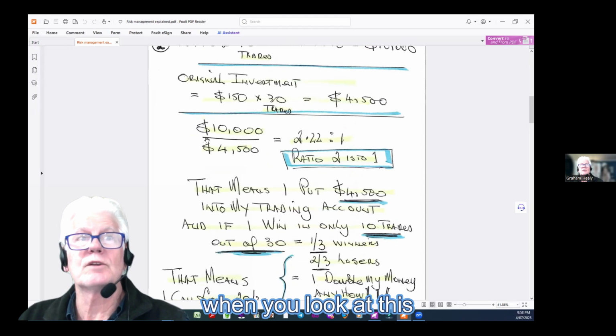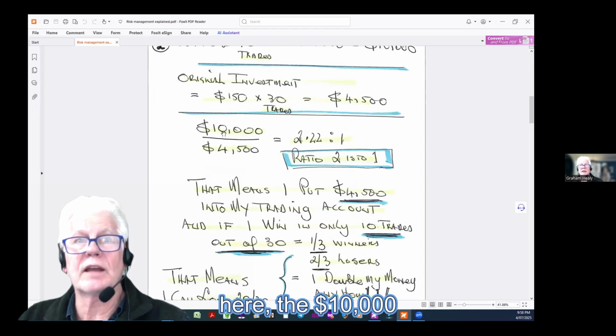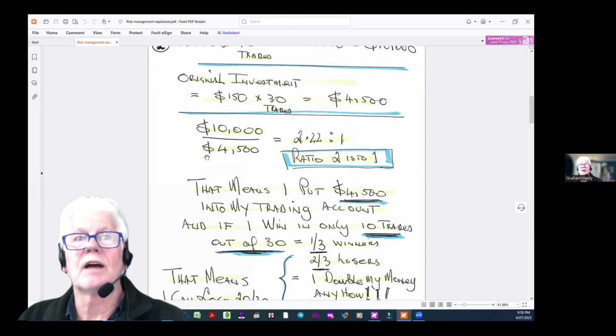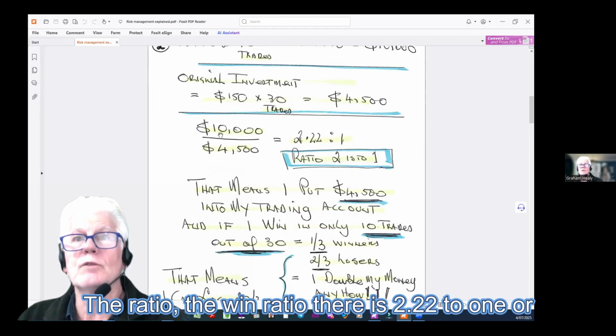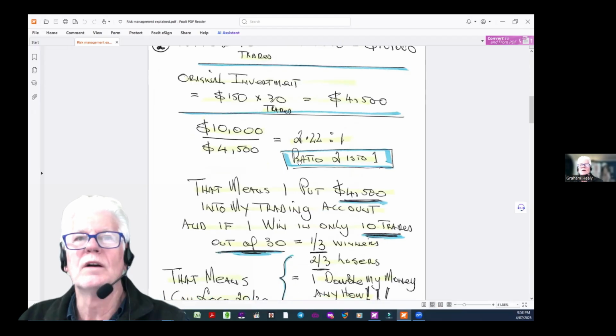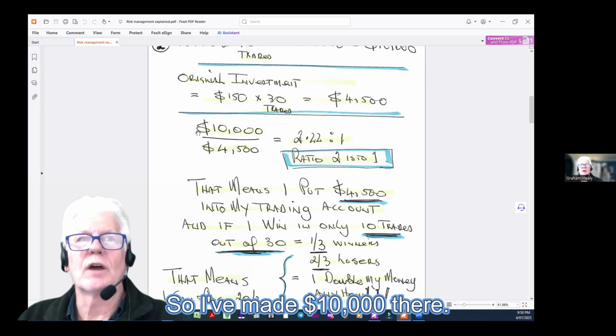So when you look at this, the $10,000 over the 4,500, the win ratio there is 2.22 to 1, or a ratio of about 2 to 1, right? So I've made $10,000 there.